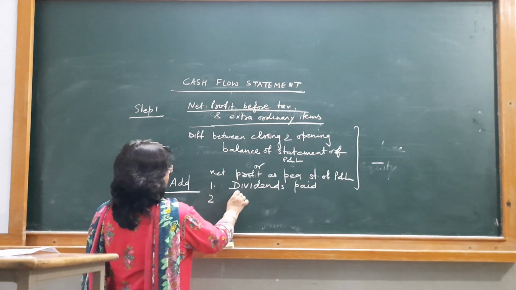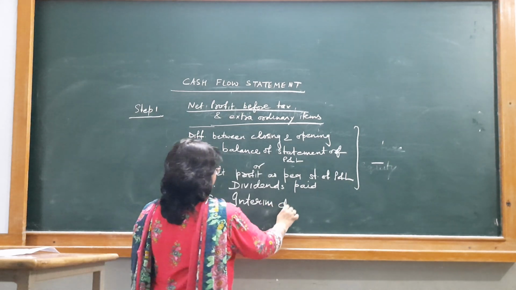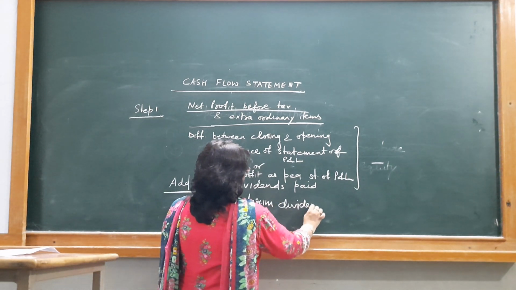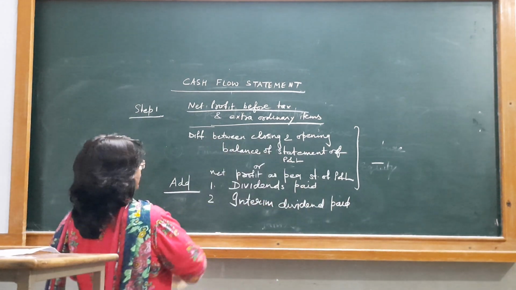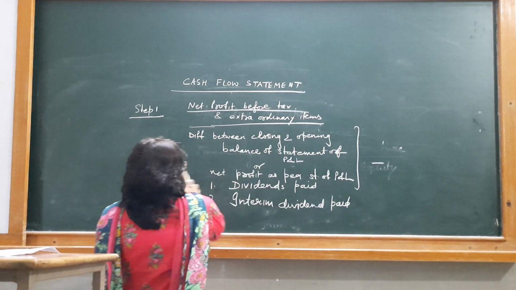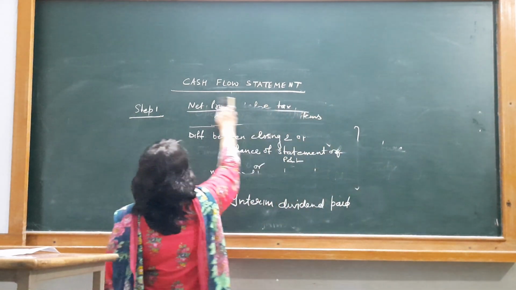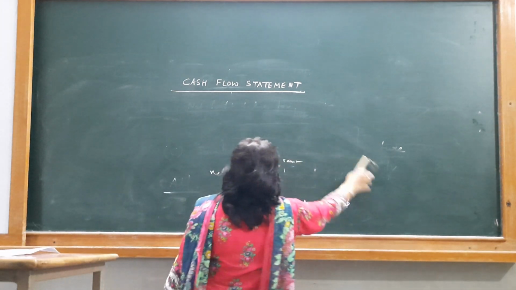Second thing, interim dividend paid. Interim dividend paid is the dividend which is declared in the current year and paid in the current year itself.